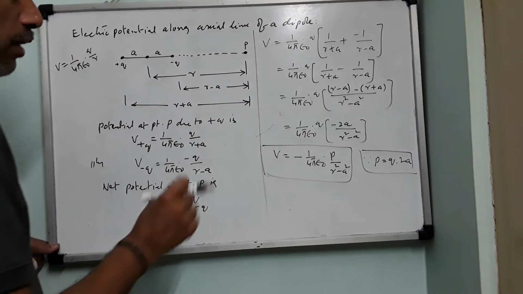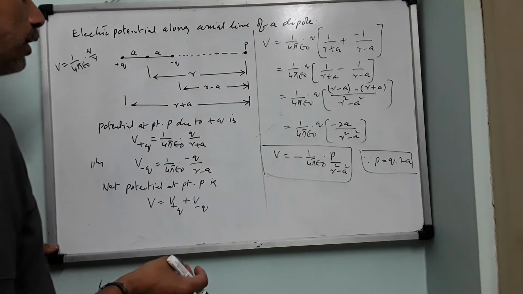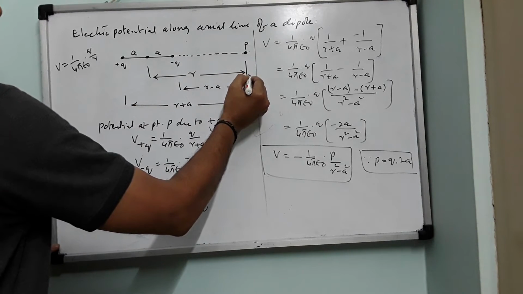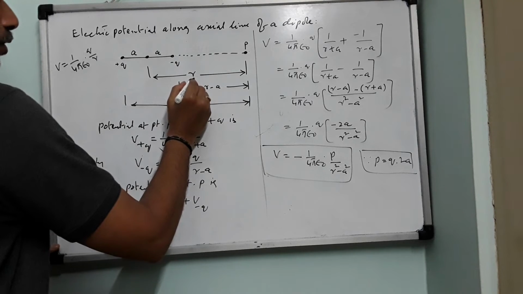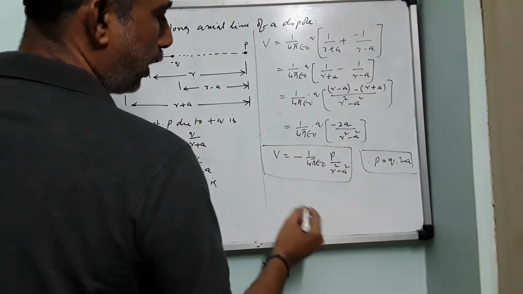If it is a very short dipole, of the order of angstroms in length, you can see that point P is located at a distance r and this is a. Compared to this a, r is what? Large. So therefore a can be neglected. So this comes out to be P by r².